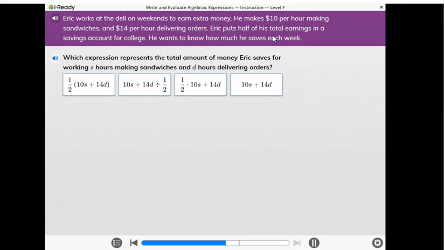We got to do parentheses because we have to make a total of something before we can actually divide or multiply or anything else. So we have to first add sandwiches, the money he's making, plus this, in parentheses. And here, anything else isn't going to work. And then he's going to take half of the total to the savings. So this is the only one that would make sense.